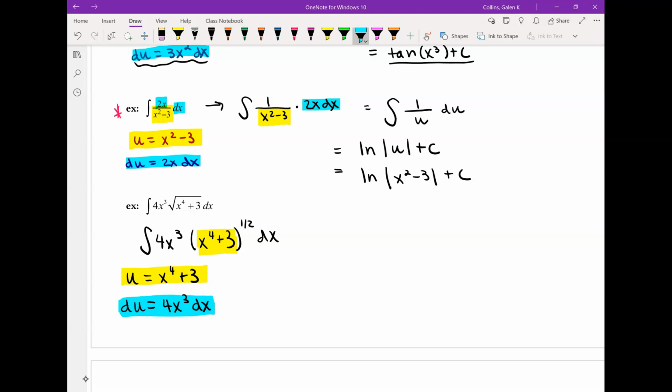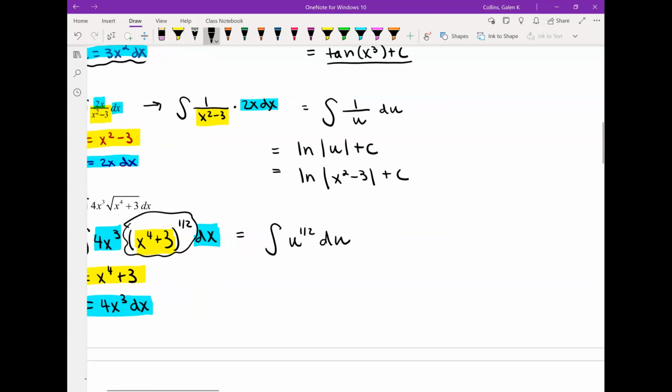So if I look for my du, it's 4x cubed times dx. So I have u to the 1/2 power, this is all my u, and everything else is my du. So this is really just the power rule.